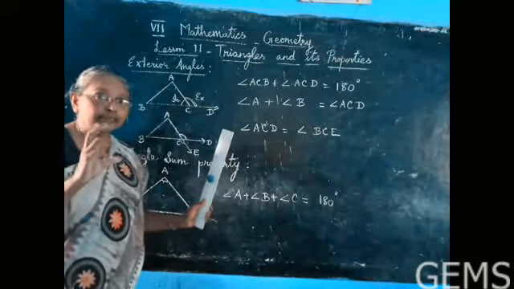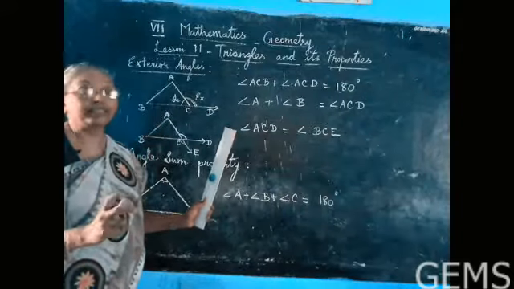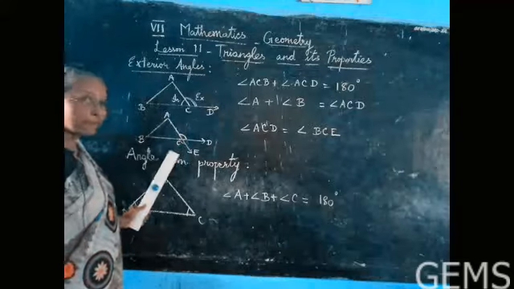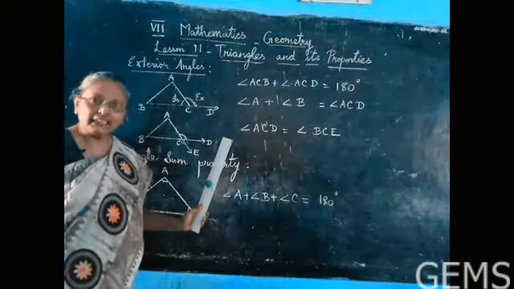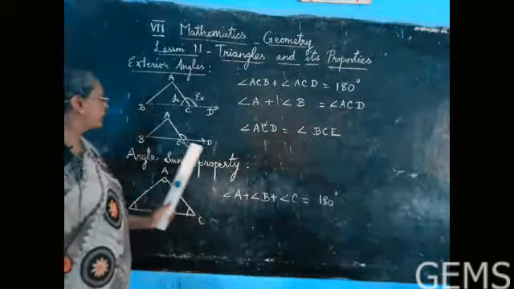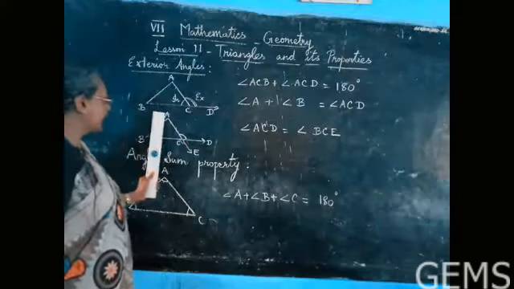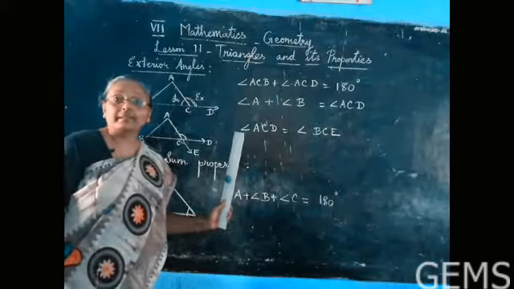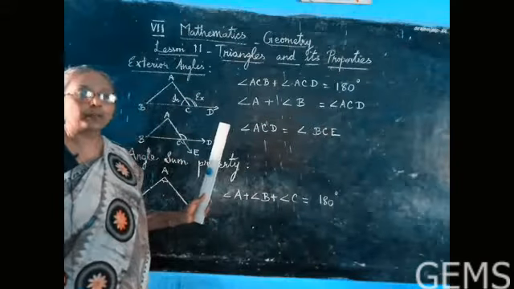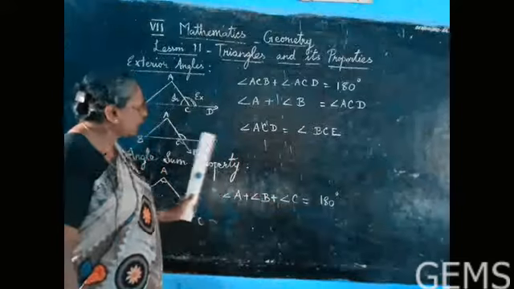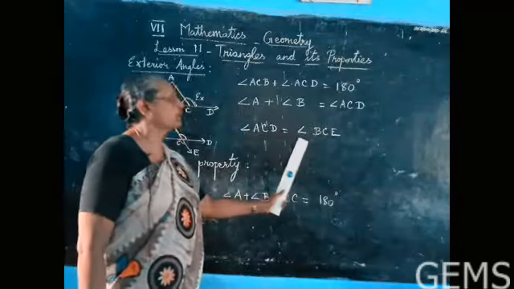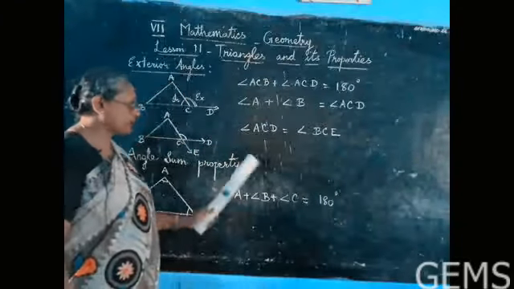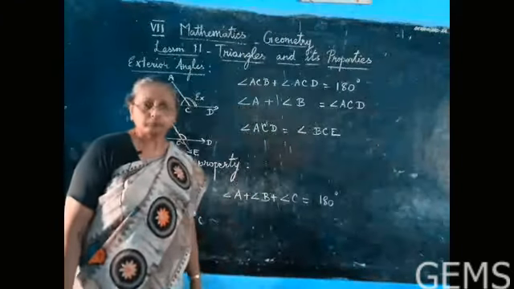What is the relation between these two? We have learnt it earlier. If you think back, these two are vertically opposite angles. So angle BCE and angle ACD are vertically opposite angles. Therefore, they will be equal. This is one property we have learnt earlier. So according to that, angle ACD is equal to angle BCE. This is another property which we can learn from here.